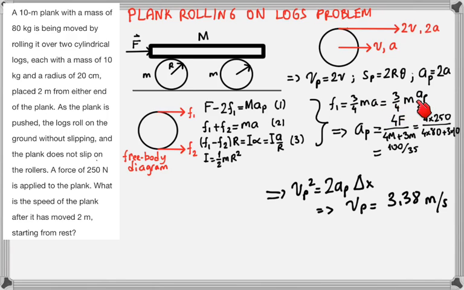In terms of the plank's acceleration, this is equal to 3 by 4 times m times ap divided by 2. From this, you can easily find the acceleration of the plank in terms of the applied force. So this is 4F divided by 4 times the mass of the plank plus 3 times the mass of one of the cylinders. This is the end result.